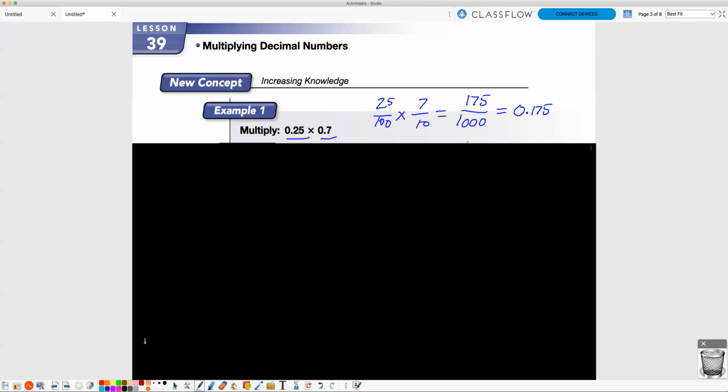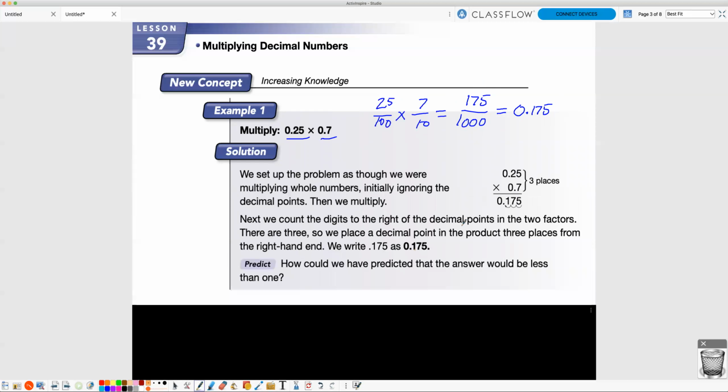Now, if I was going to write this same problem out in decimal format, that would look like this. You'd have 25 hundredths times 7 tenths, and all you have to do is consider it like this. It's 25 times 7, and then you would consider the decimal places after you get your answer.